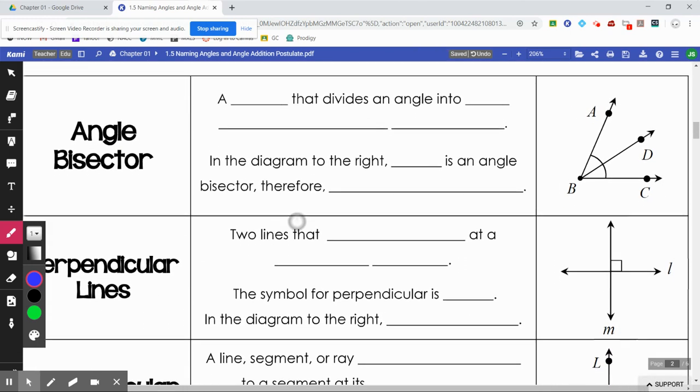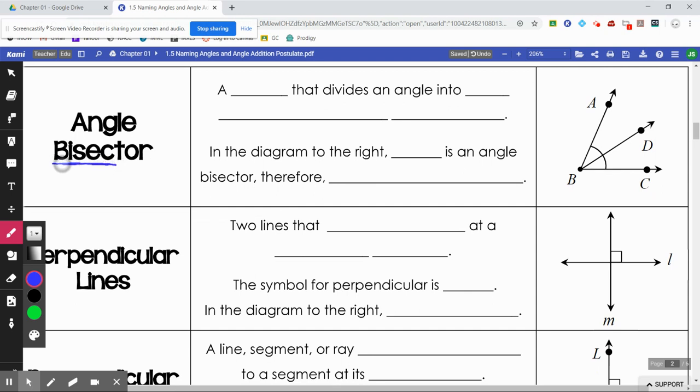An angle bisector. Now, that word looks familiar. We talked about a bisector a couple of videos ago. To bisect means cut in half. So therefore, an angle bisector is a ray. Now, later on we'll talk more about it, but this could actually be a line segment as well, or a line. A ray that divides an angle into two congruent angles.